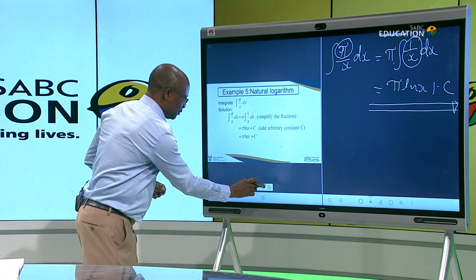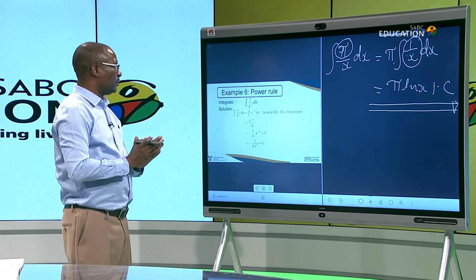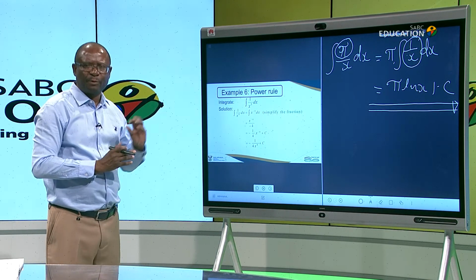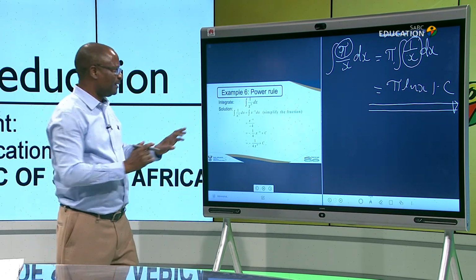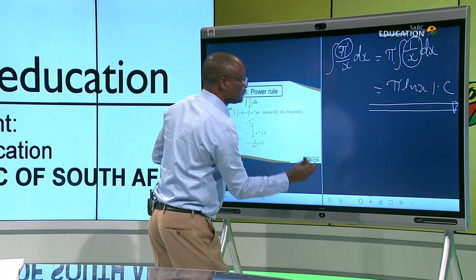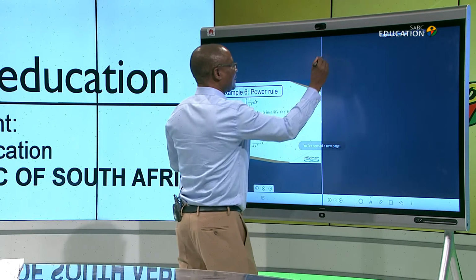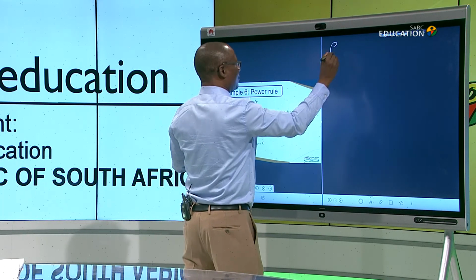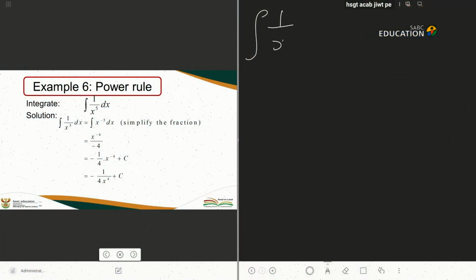Then let's move to another example, which is a fraction. On this one, the integral of 1 over x to the exponent of 5 dx is a fraction. But can we convert this 1 over x to the exponent of 5 into a logarithmic form?